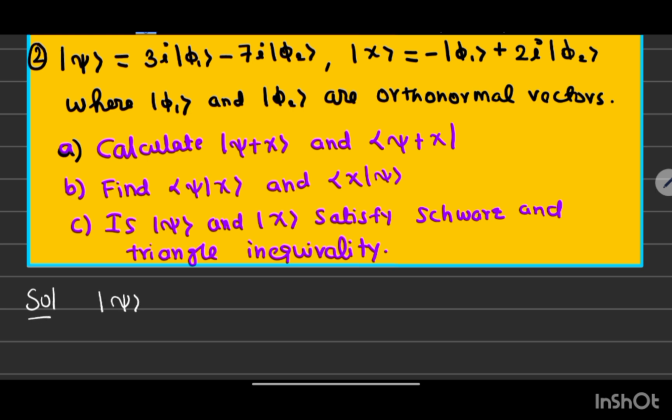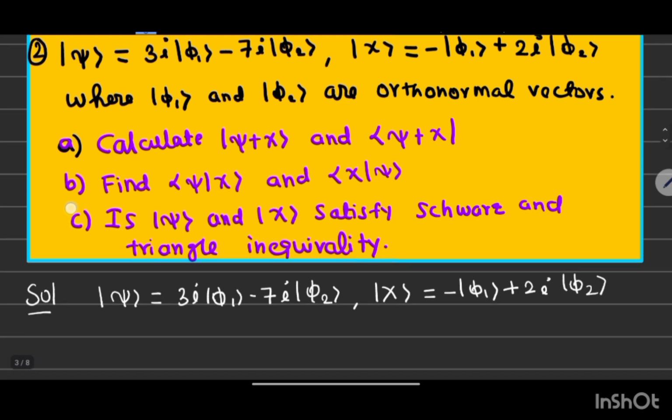Ket psi is given, ket chi is equal to minus phi 1 plus 2i times phi 2.